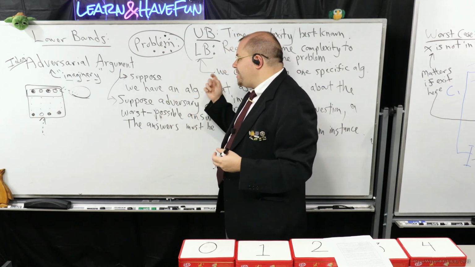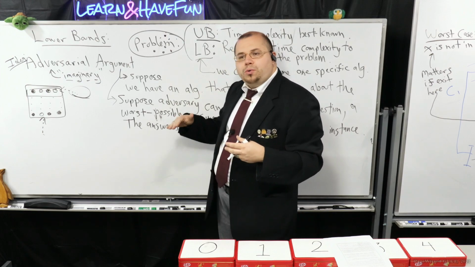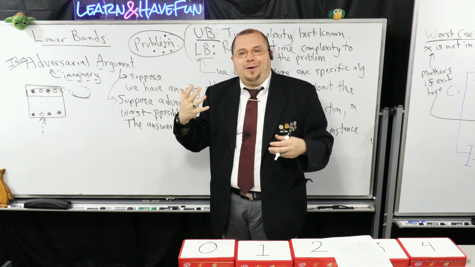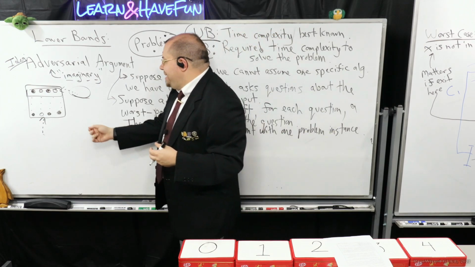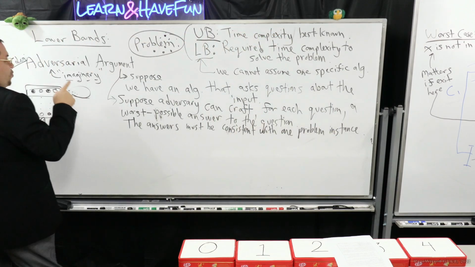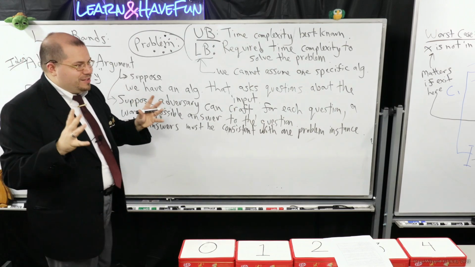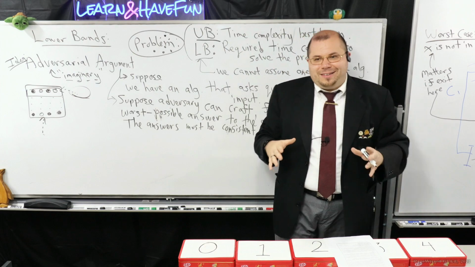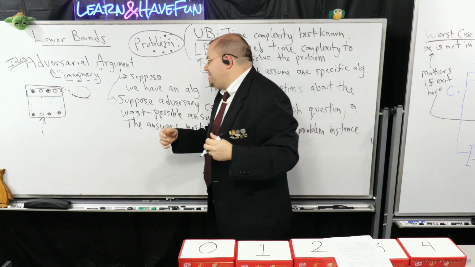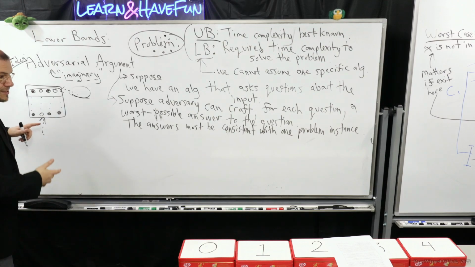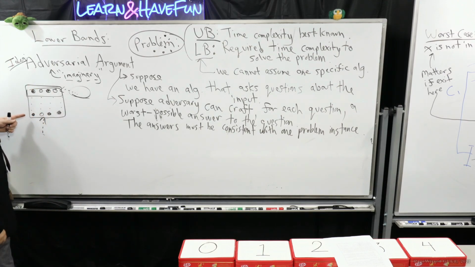Suppose that this adversary has the ability to know the order of your guesses because they'll know about your algorithm. So they could craft an instance for your one given algorithm, which, remember, like I said, you can't presume any one specific algorithm. You have basic assumptions based on the type of algorithm. By adding more assumptions, you restrict the possibility of your result generalizing.